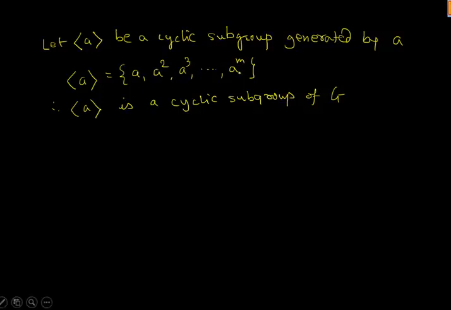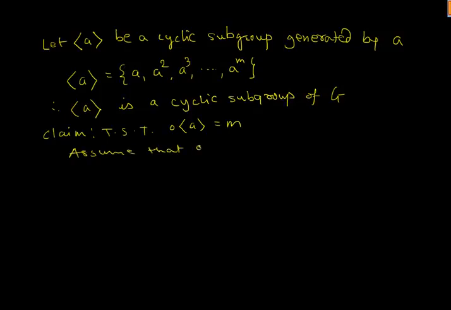But we have to show that it contains m elements. So now our next claim is to show that the order of this cyclic subgroup is equal to m. To show this, assume that the order of this cyclic subgroup is not equal to m.